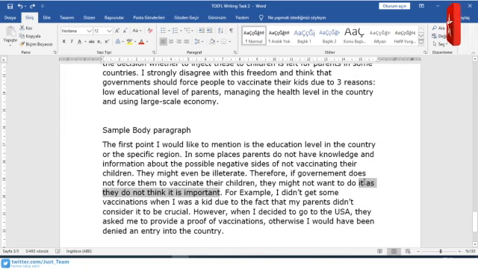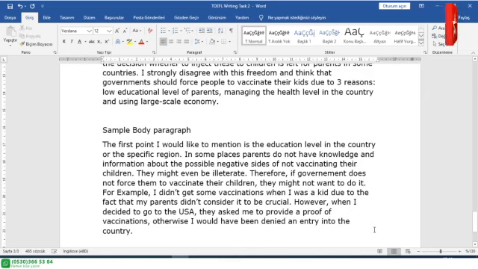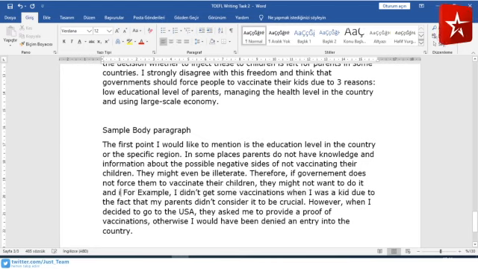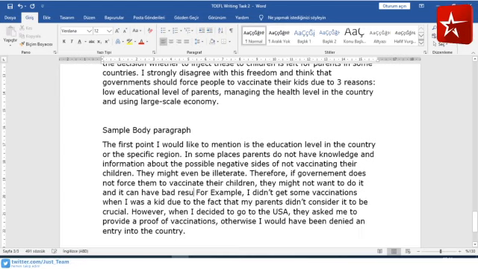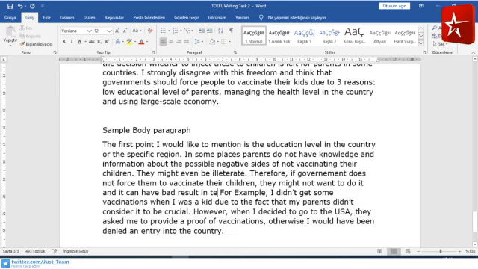I will delete this one because I don't like it. Therefore, if government does not force them to vaccinate their children, they might not want to do it. And it can have bad results in the future.